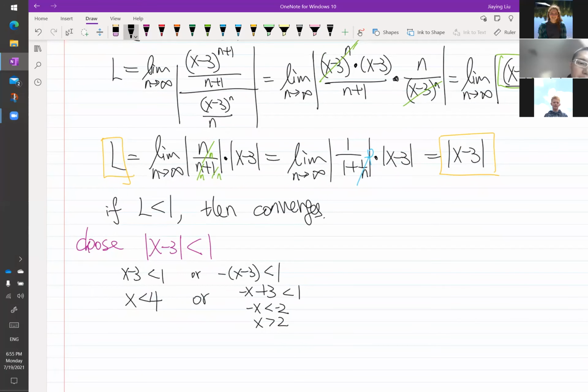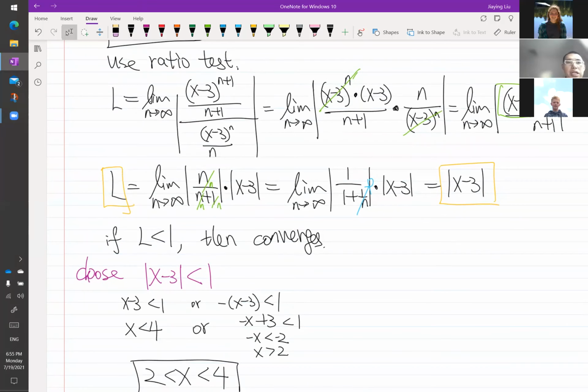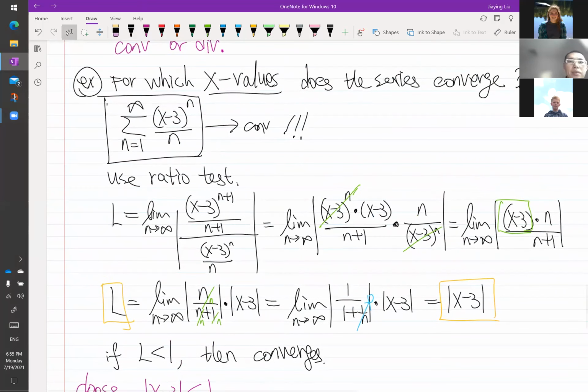Which means x is between 2 and 4. So for any x in that range, the given series is convergent.